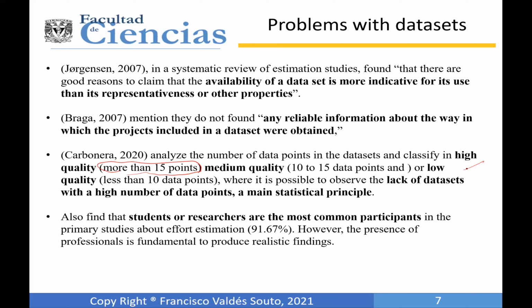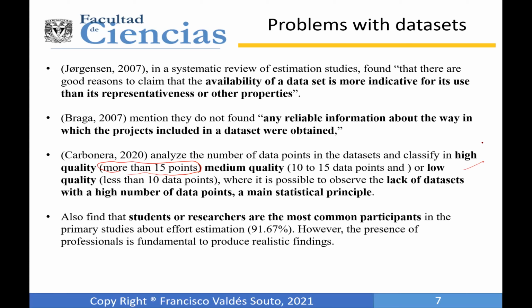So most of the data sets contain a small quantity of data. I understand that there are some more mature organizations, or ones that have gotten close to professional companies, that maybe get more data, but usually the data sets are not so big.